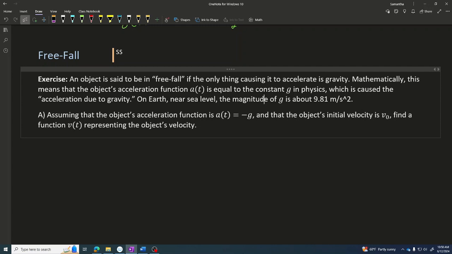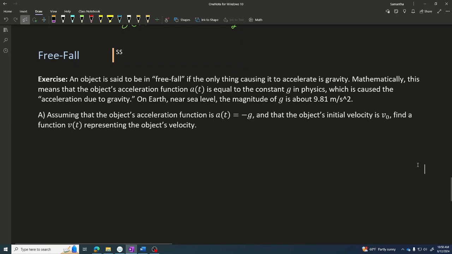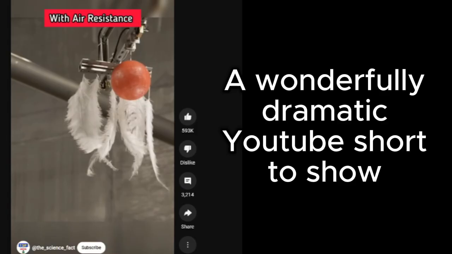This is the situation if you have an object falling in a vacuum. Gravity is pulling that object downward, and you don't have any other forces like air resistance or fluid resistance affecting its movement. So an object falling in a vacuum is said to be in free fall.